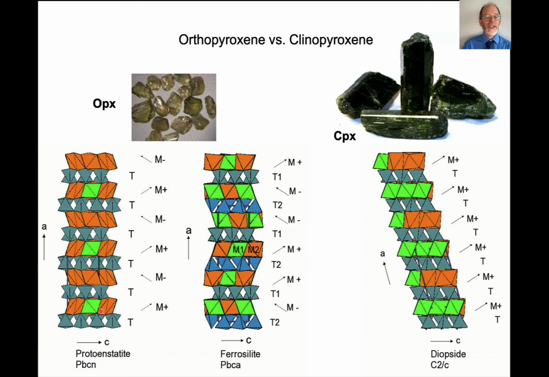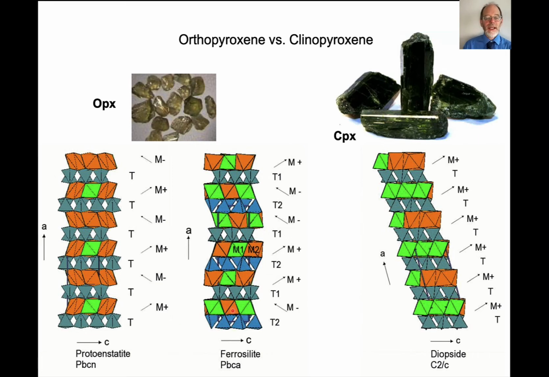So orthopyroxenes will have alternating pointing directions for the octahedra. So for this particular pyroxene protoenstatite, the octahedra point in one direction in this layer and the opposite direction in this layer. So point in this direction, that direction, this direction, this direction. And as a consequence, the A-axis is perpendicular to the chains, to the C-axis.